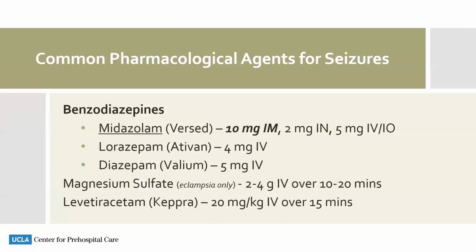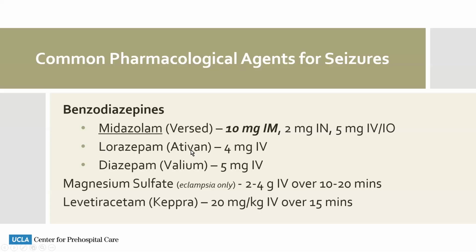Okay, what do we do for it? Well, the one that we give the most, at least in LA County, is midazolam, or the trade name is Versed. We can give it IM into your vastus lateralis, that's your upper thigh on the side, or you can give it intranasally, or you could give it IO. And you see that the actual dosage changes.